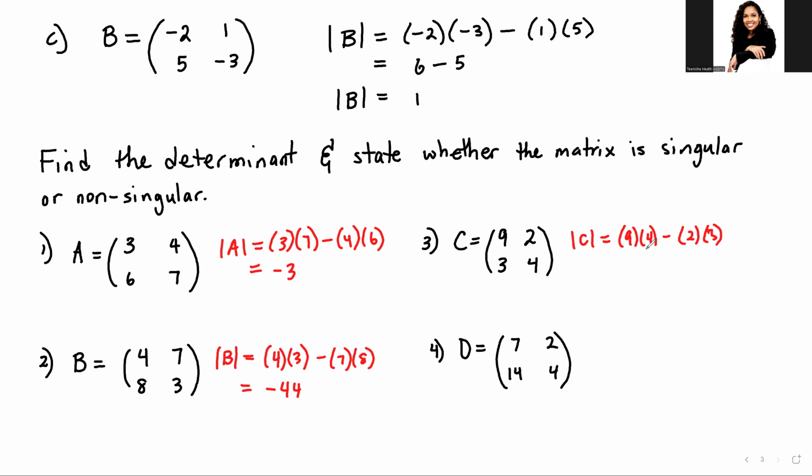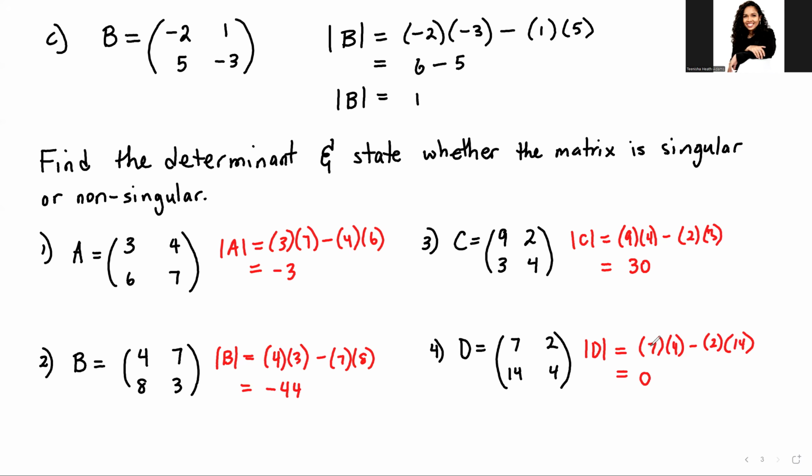That gives me 30. And then the determinant of D would be 7 times 4, take away 2 times 14, which is 0.